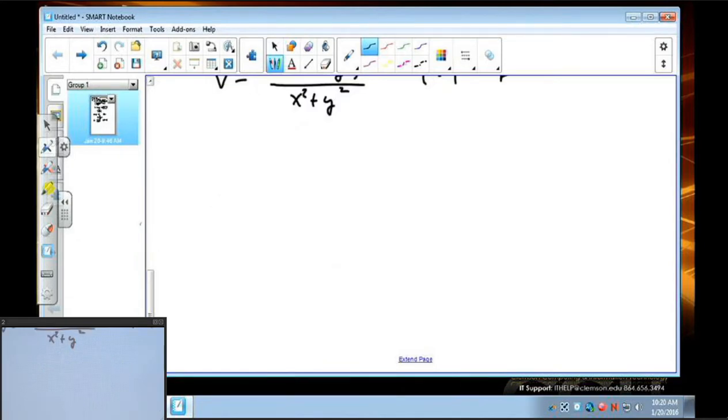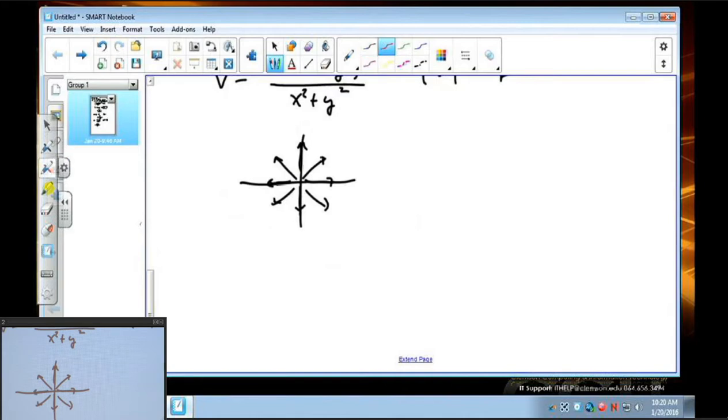So it looks a little bit like the previous one, except that it's going to get bigger as you get close to the origin. And of course, in drawing this one, you have a problem. You have to exclude some region around the origin. So you might want to indicate here, I'm not going to draw any vectors inside of that region because it gets really big, and it's impossible to make a nice sketch of it in this way. But the vectors get weaker, get shorter, have less magnitude as you get farther out.